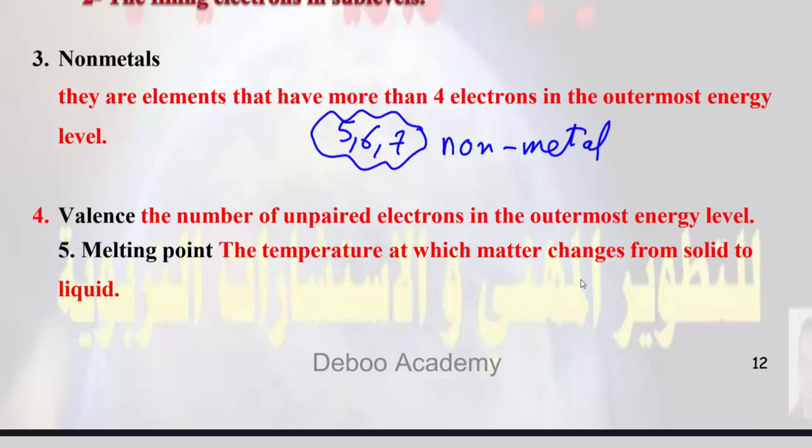Melting point, the temperature at which matter changes from solid to liquid. Here, my dear students, matter consists of 3 states: solid, liquid, and gas.